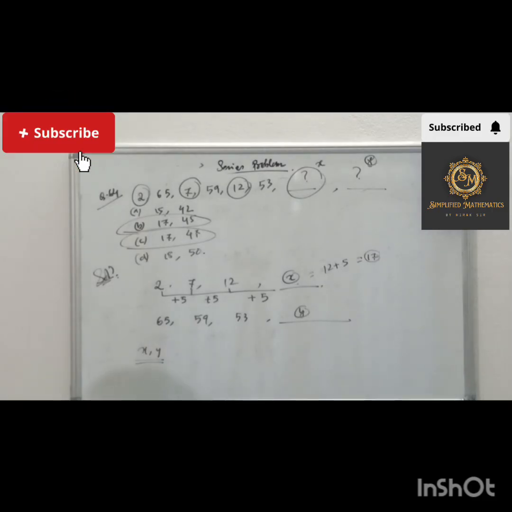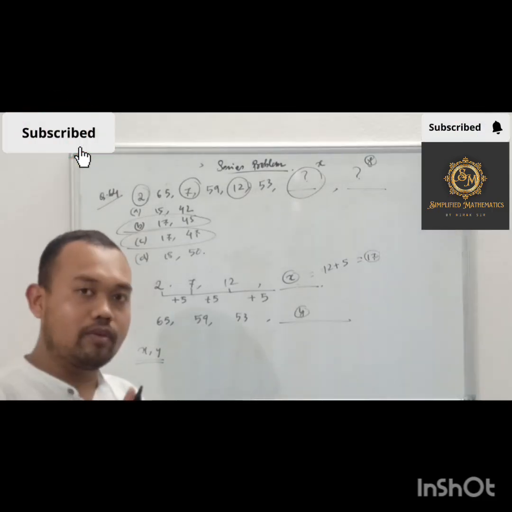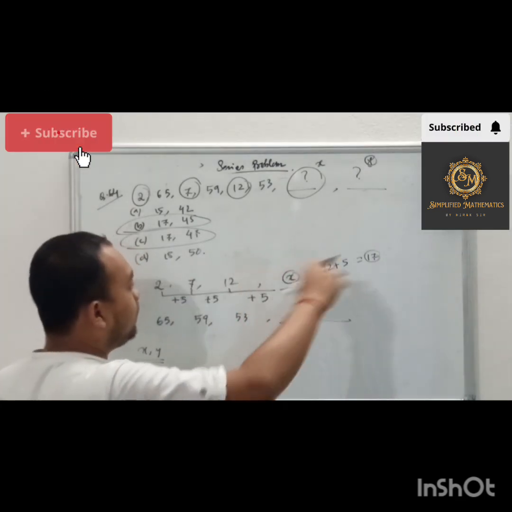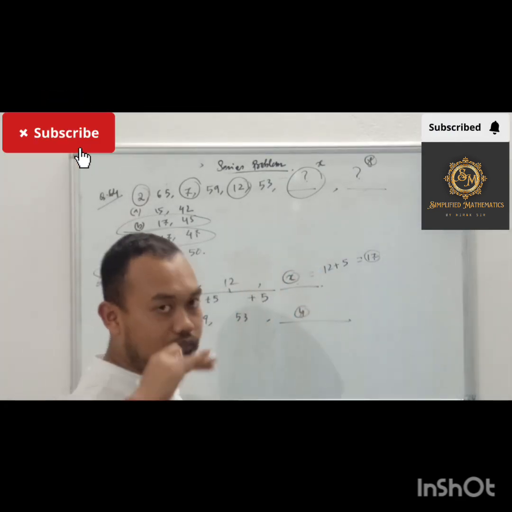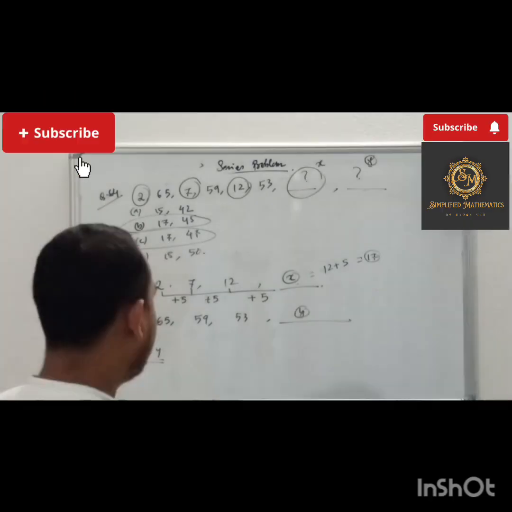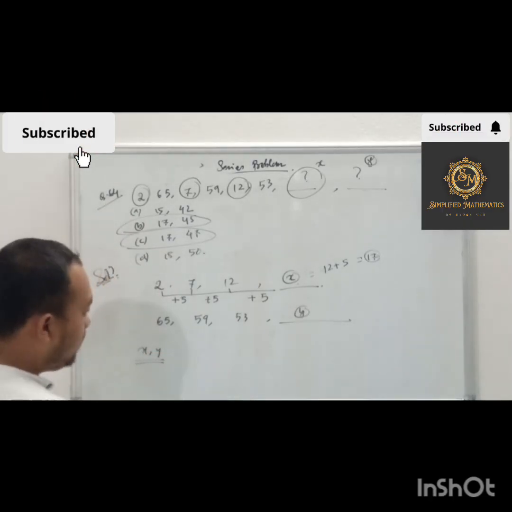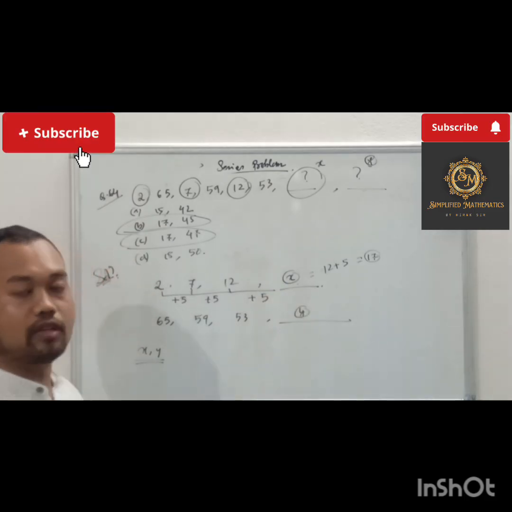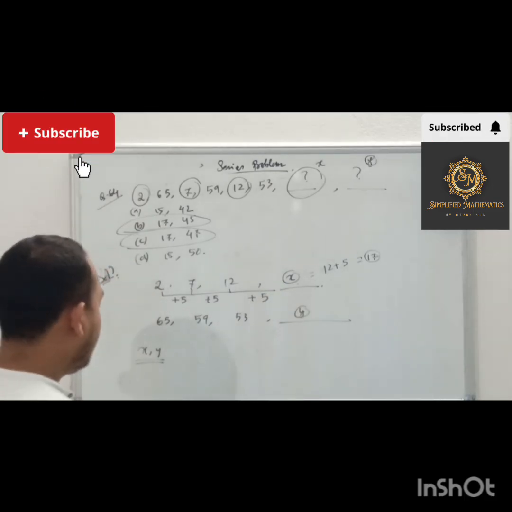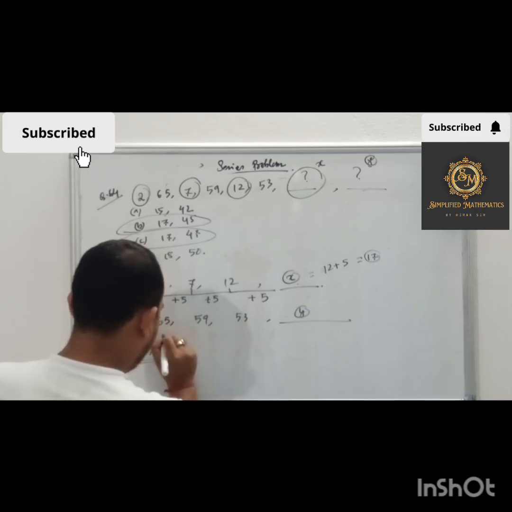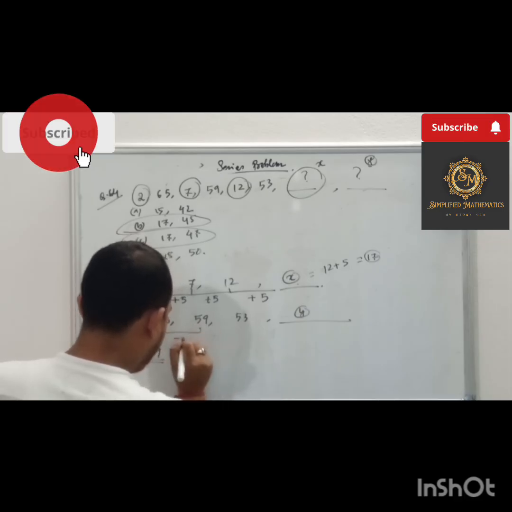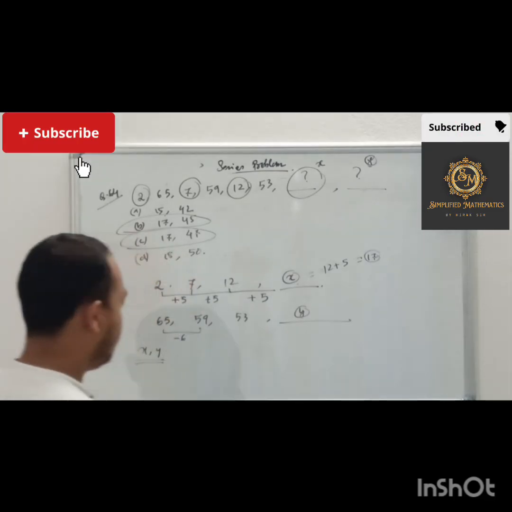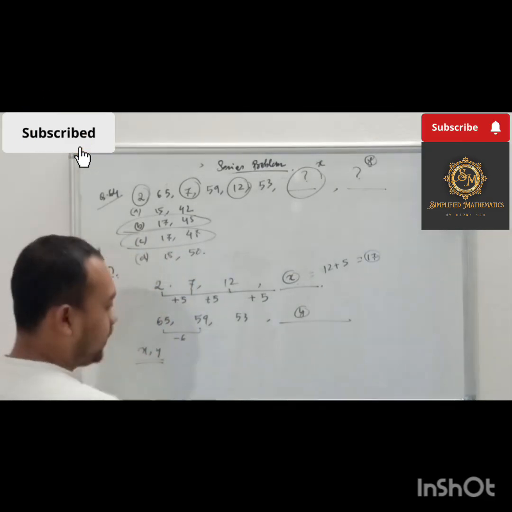Okay, so 50% of the problem is solved. Next one, you see the numbers are increasing in ascending order, but in this pattern the numbers are in decreasing order or descending order. 59 and then 53.